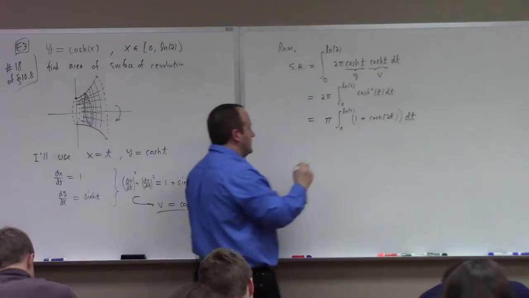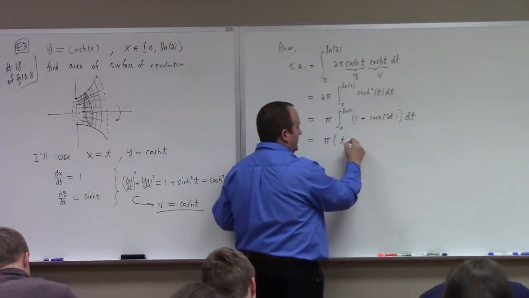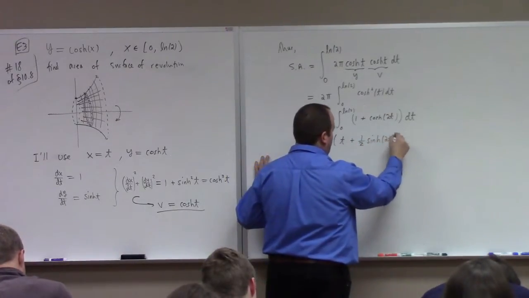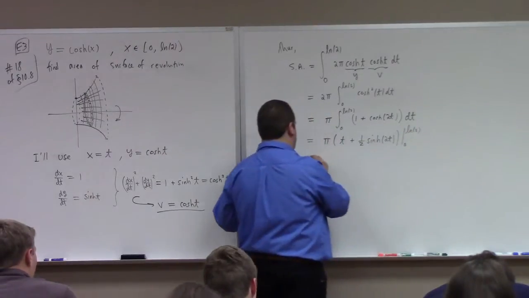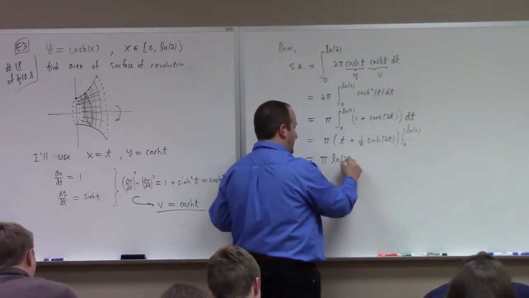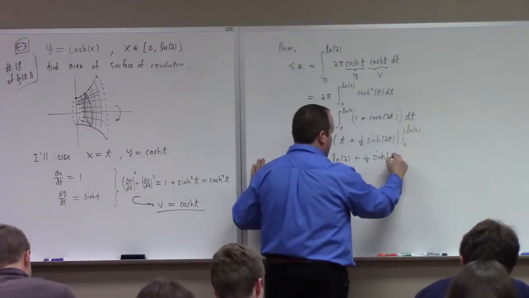Then we integrate, we get pi times t plus 1/2 sinh of 2t from 0 to log 2, which gives me pi times natural log of 2 plus 1/2 the hyperbolic sine of 2 log 2.